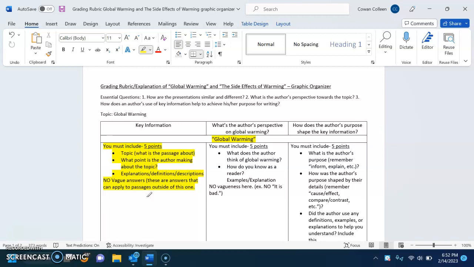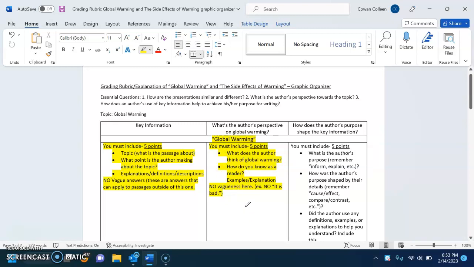You won't get the full 5 points if you just tell me the author says stuff about global warming. You need more than that. Is the author giving you an explanation of what it is, a definition, a description? Obviously, the author is talking about global warming, but what is the author saying?